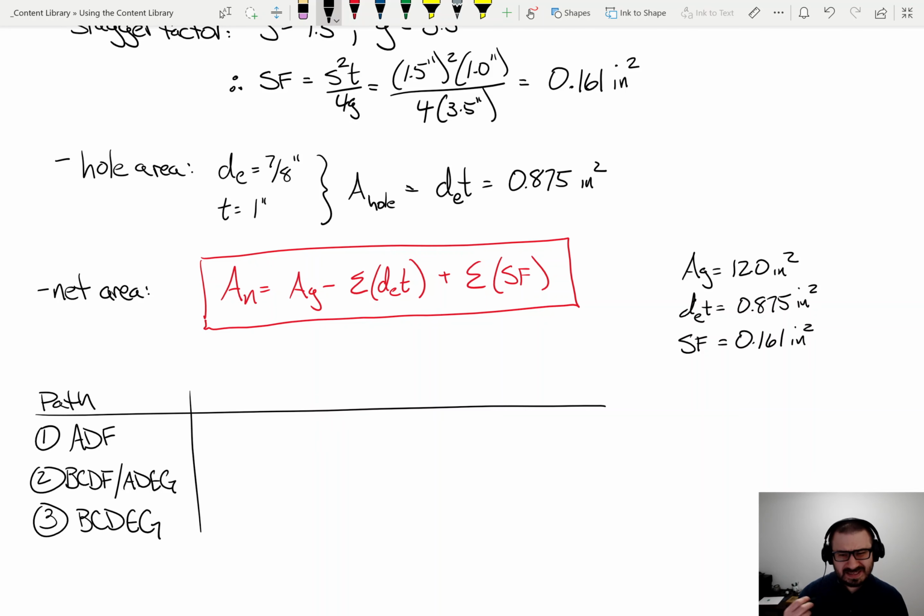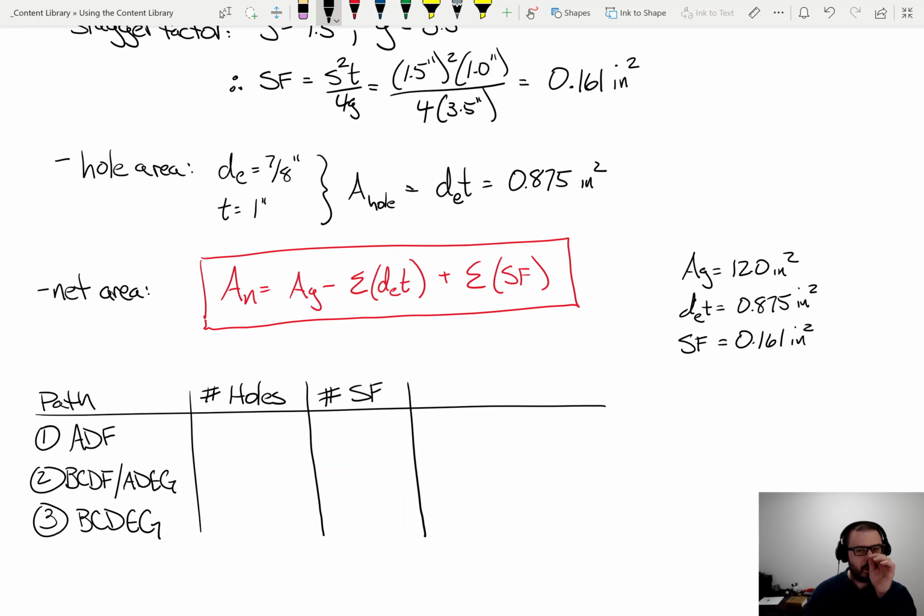Okay, let's take each one of these paths and start identifying a couple things. Let's look at the number of holes, and then the number of stagger factors that we're going to need.